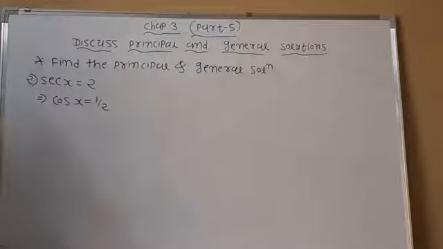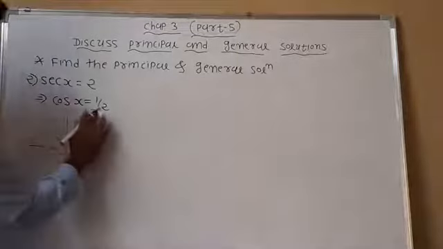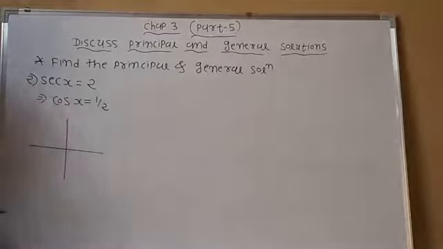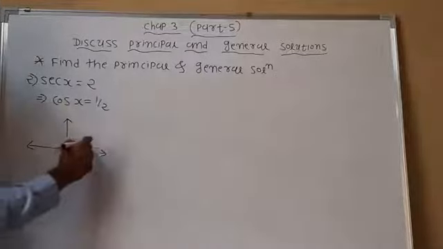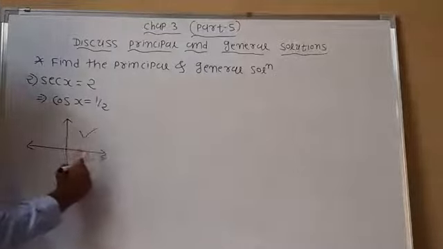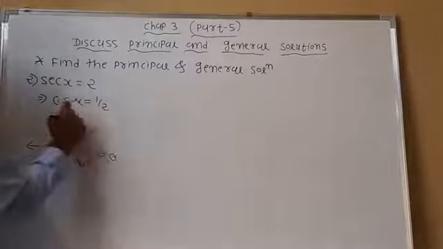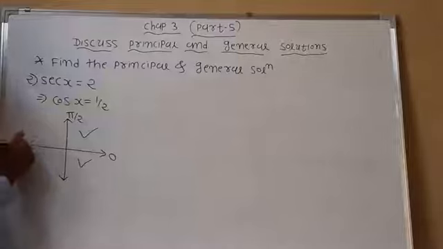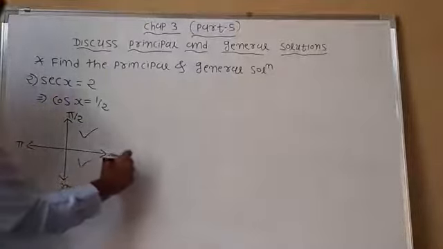Now on this side, cos x here positive form is present. So cos is positive in which quadrant? So cos is positive in first and fourth quadrant. So here written 0, pi by 2, pi, 3 pi by 2 and 2 pi.